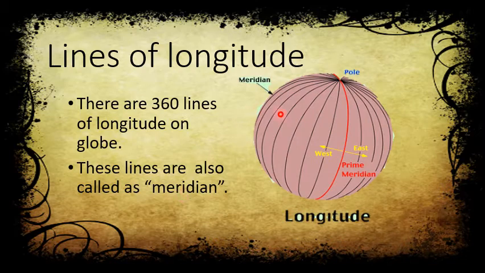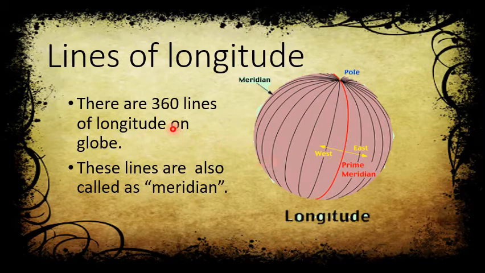Now you can see that, as I told you in the beginning, some of the lines are traveling vertically, and the total number of these lines is 360. So how many total lines are there which are running from one pole to another?